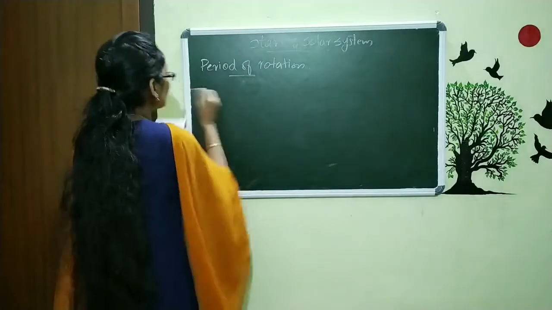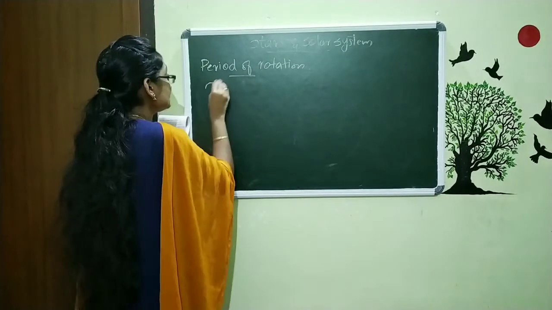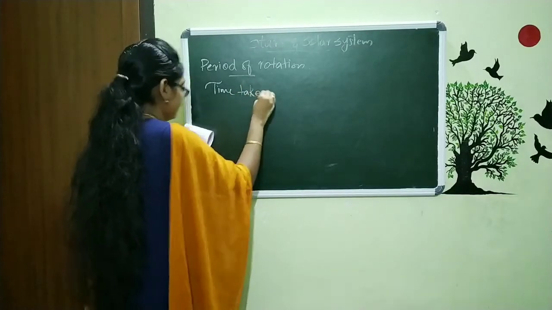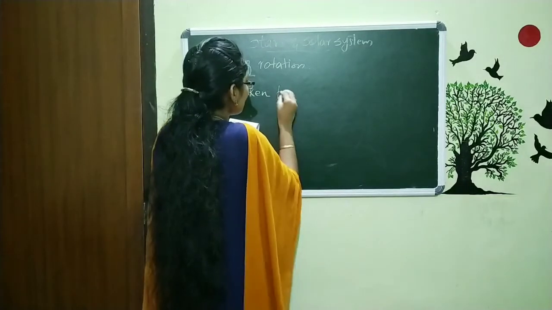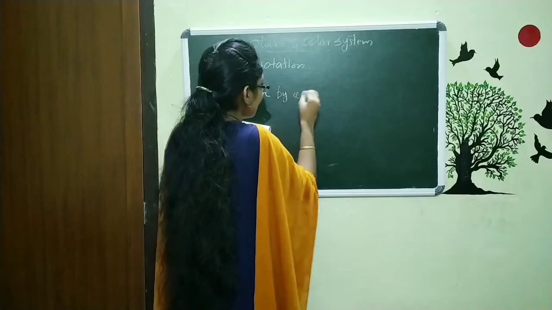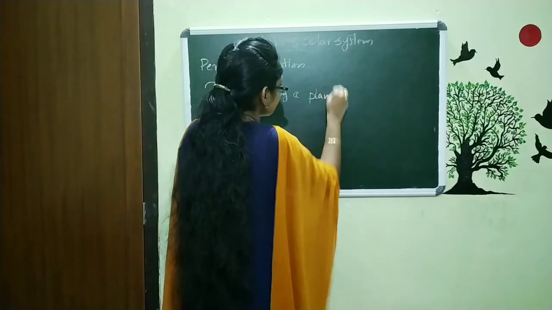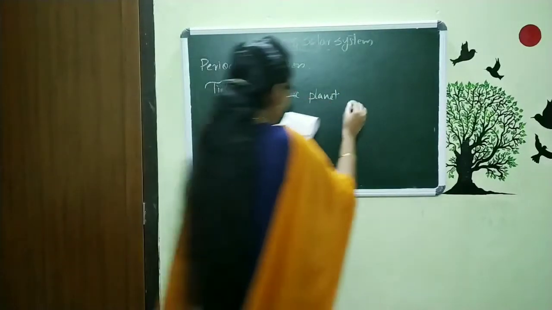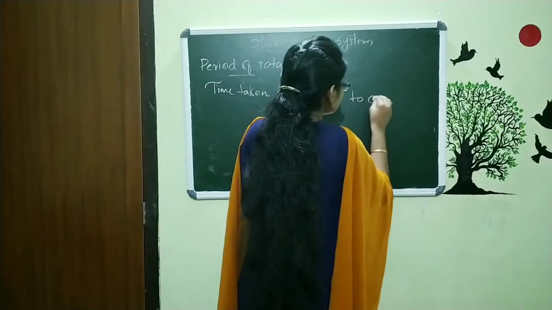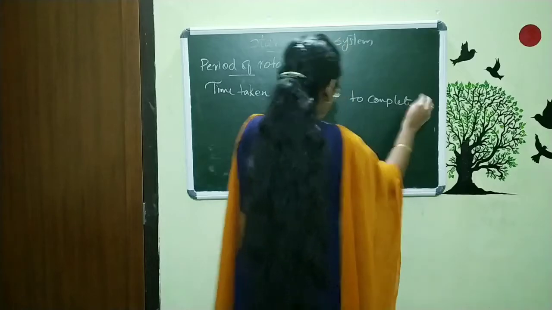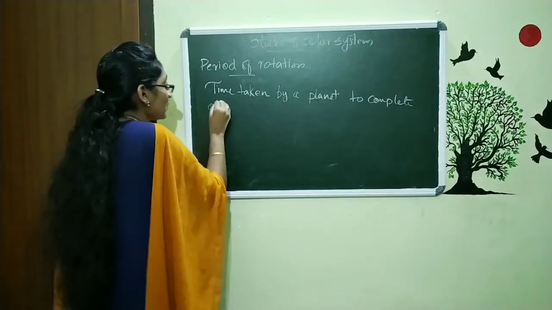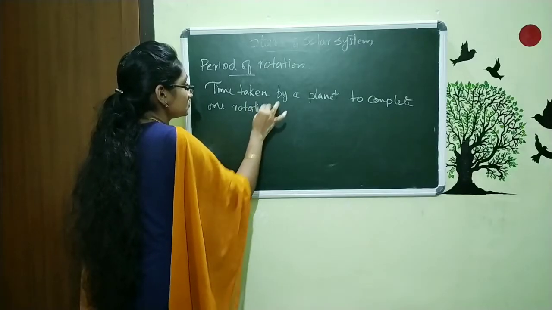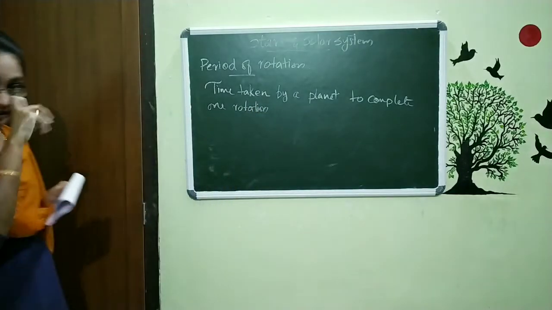The period of rotation is the time taken by a planet to complete one rotation.